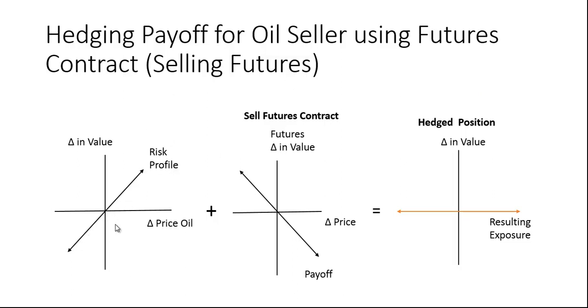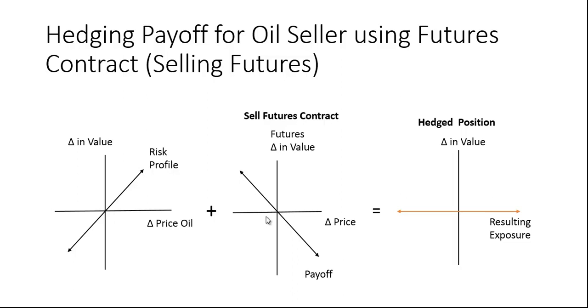As the price of oil increases, value increases. As the price of oil decreases, value decreases. So you want a position that goes in the opposite direction, that makes money when price goes down, but you're willing to accept it losing money if price goes up, and that would be selling the futures contract.